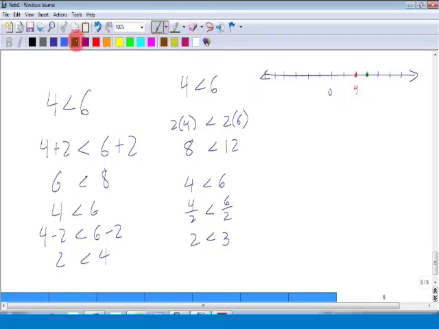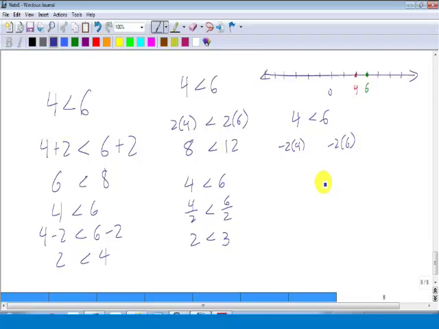There's 4, and there's 6. If we take that inequality and multiply both sides by negative 2, negative 2 times 4, negative 2 times 6.